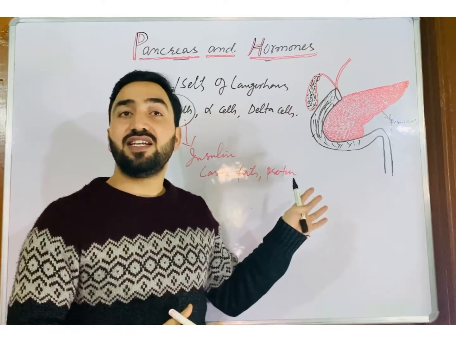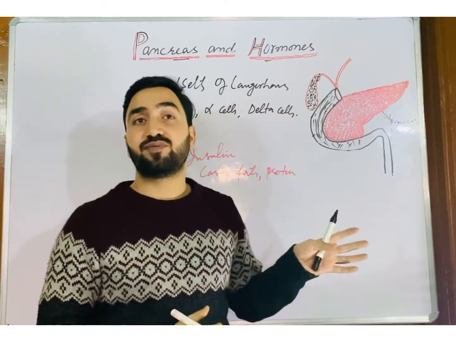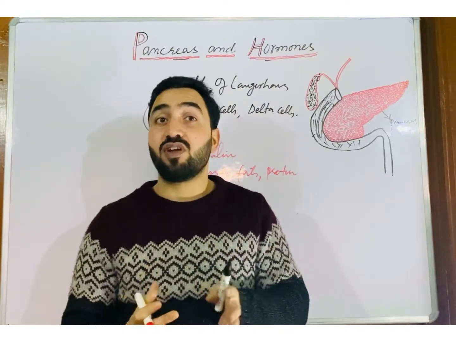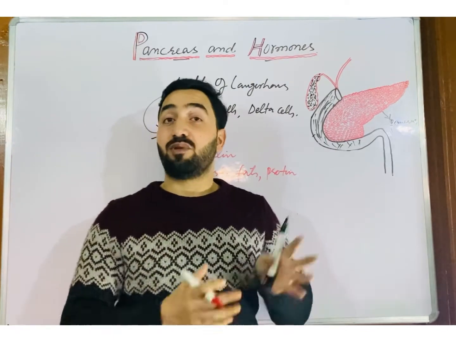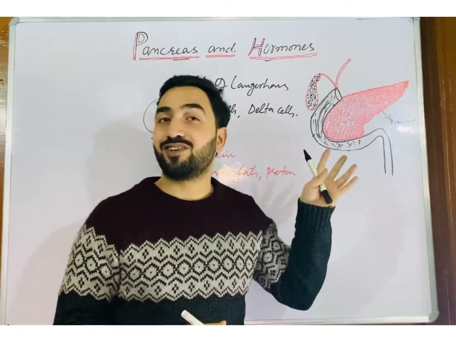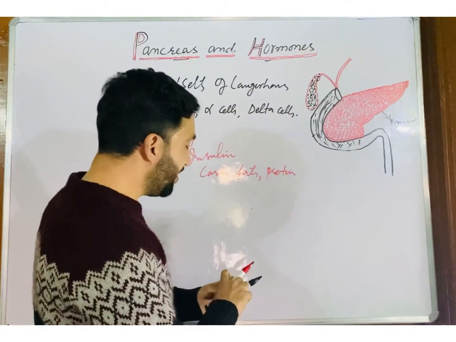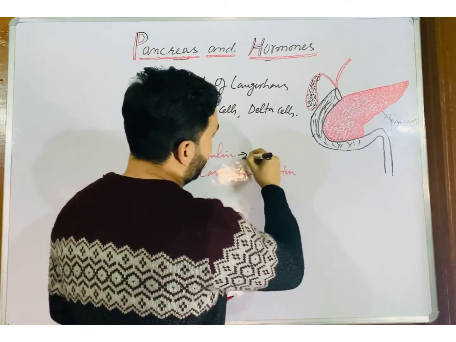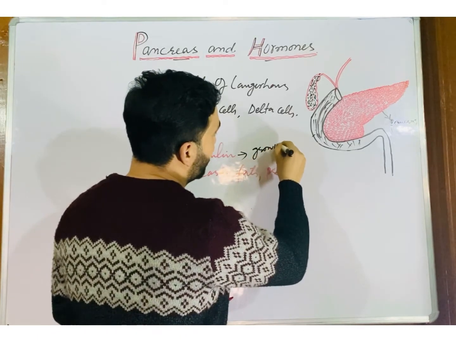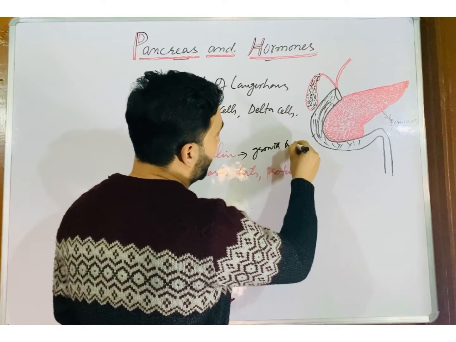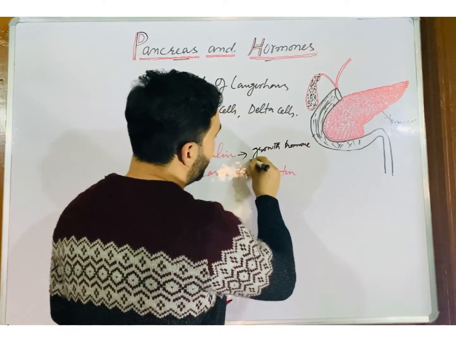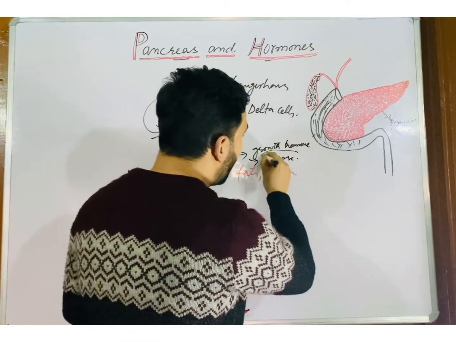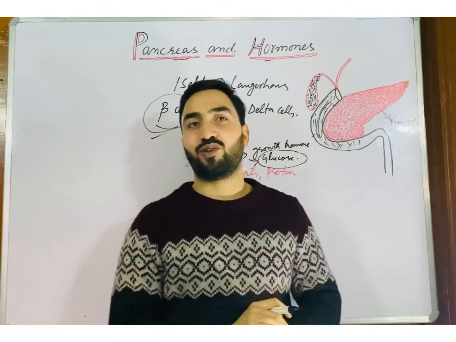The release of the insulin hormone from the beta cells can be triggered by the growth hormone or by glucagon, but the most important stimulator is glucose.